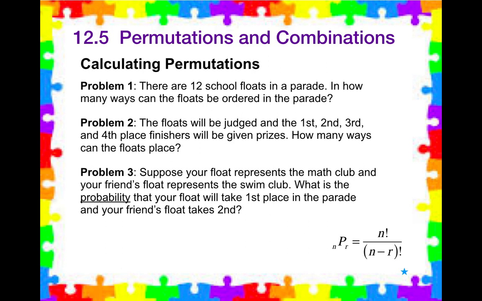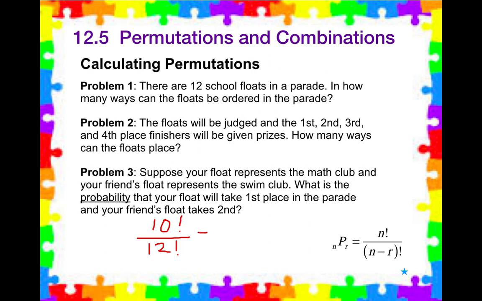So really, this is about having 10 factorial, and we're talking about probability here, 10 factorial, and that's all the different ways that the other floats could be arranged, over all the possible outcomes, which is 12 factorial.